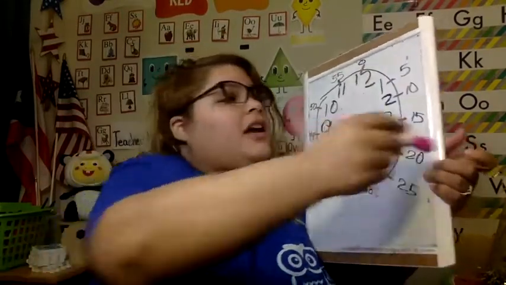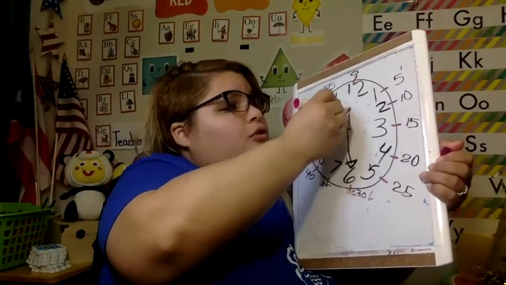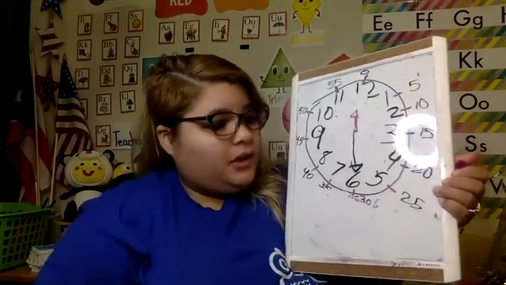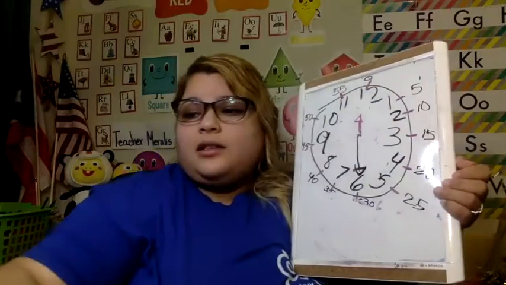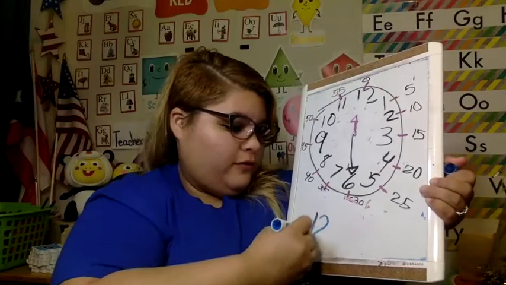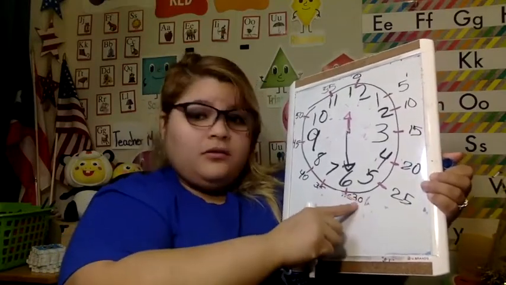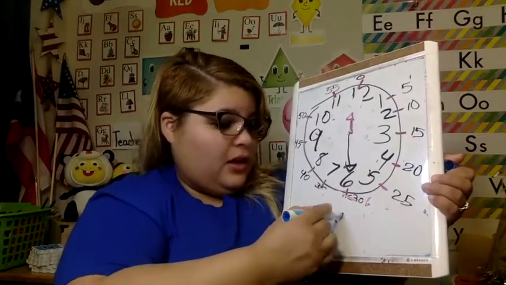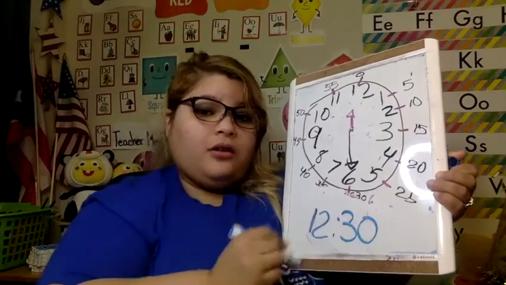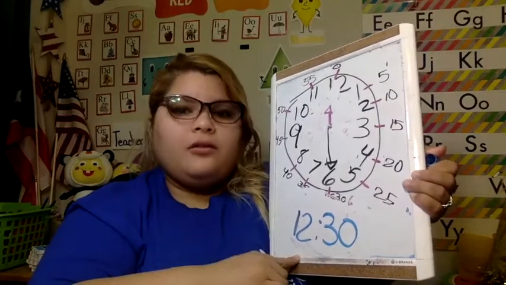So if I have the short hand pointing to number 12, it means that it is the hour 12, and then the minutes are 30. 12:30. Half past 12.